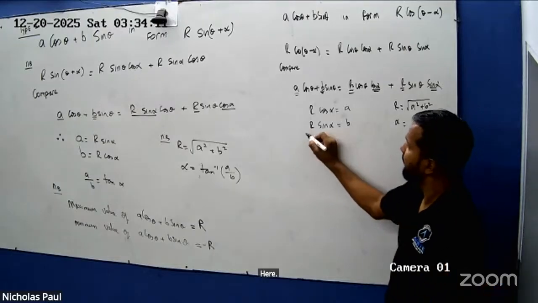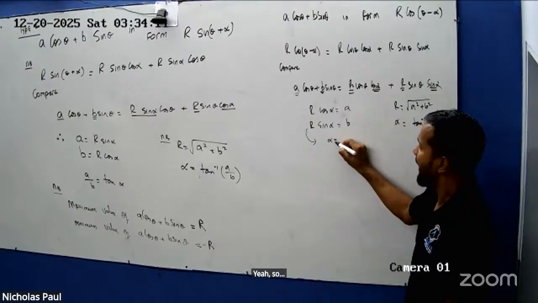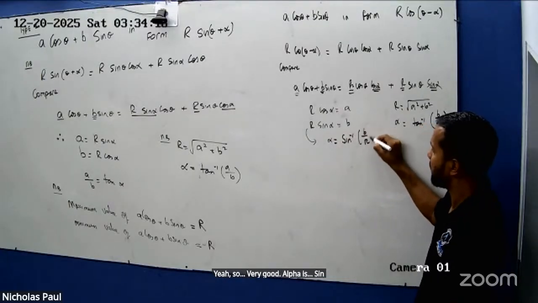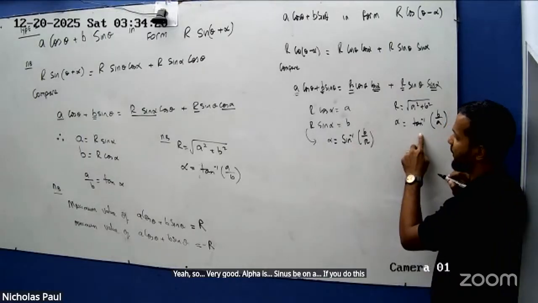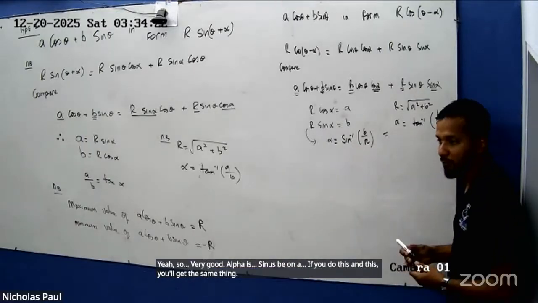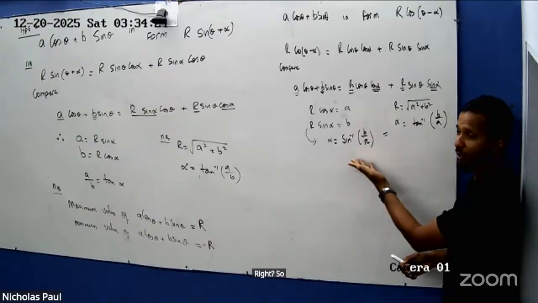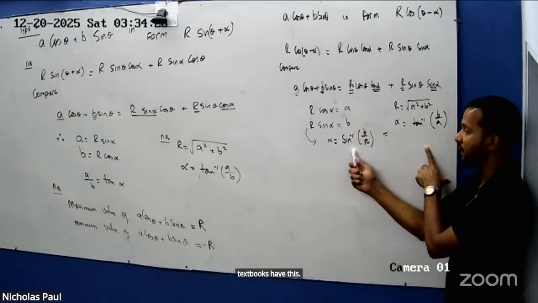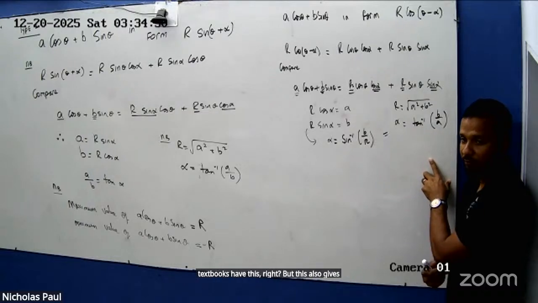Yeah, very good. Alpha is sine inverse B on R. If you do this and this, you'll get the same thing. So you could find tan or you could come right here and work it out. Textbooks have this, but this also gives you the exact answer. All right?